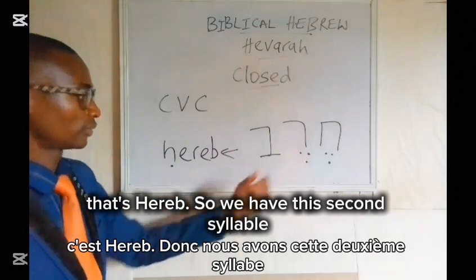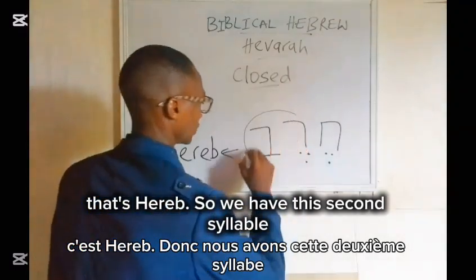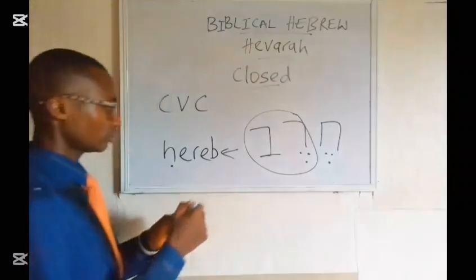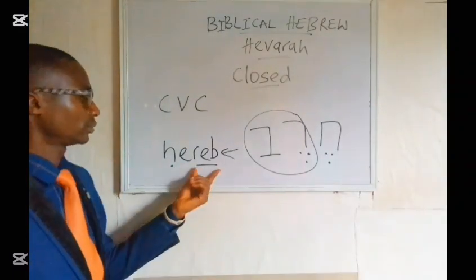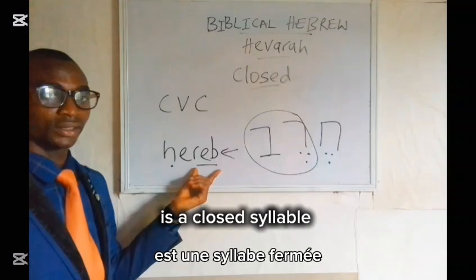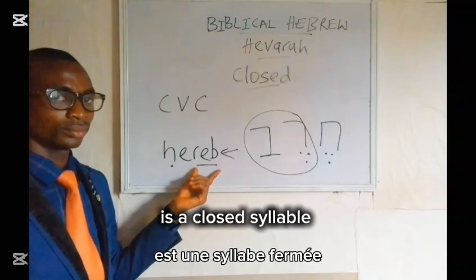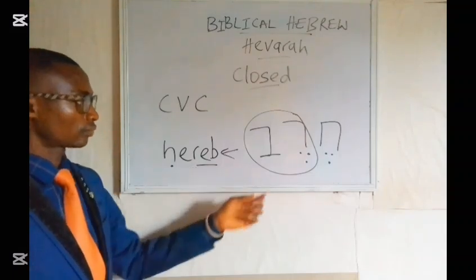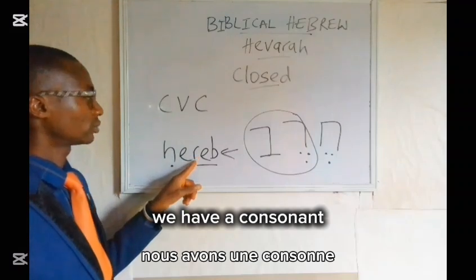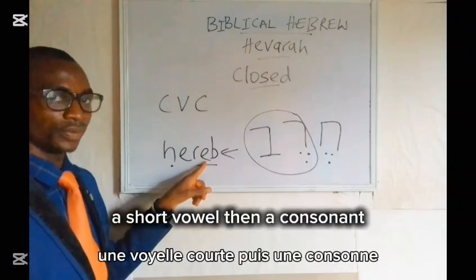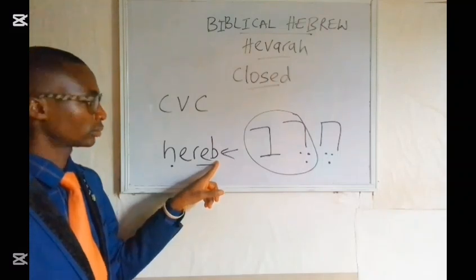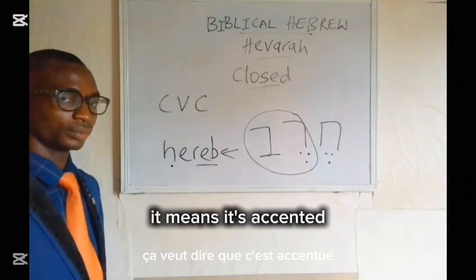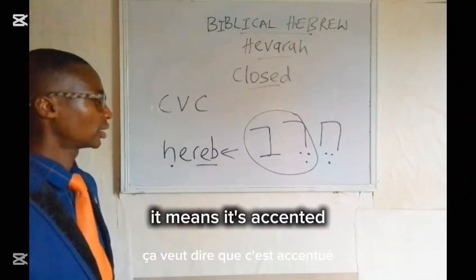So now this second syllable, that is this part, is a closed syllable. We have a consonant, a short vowel, then a consonant. Alright, so that's it.